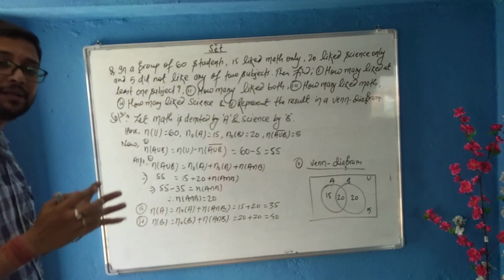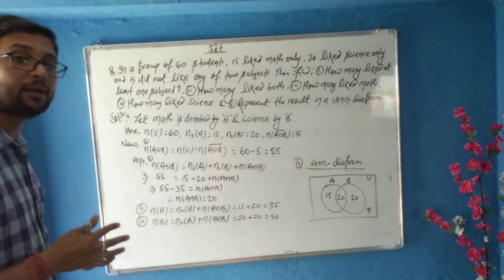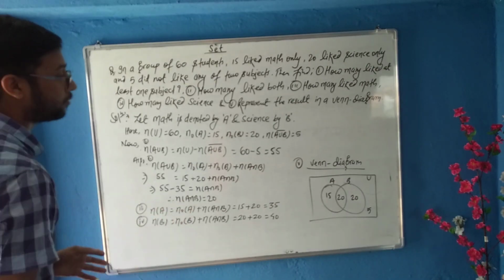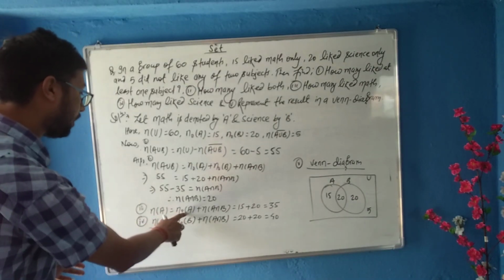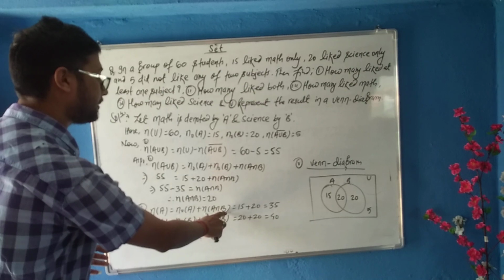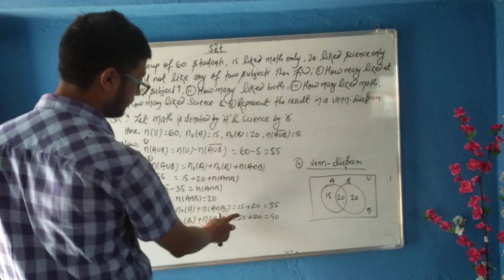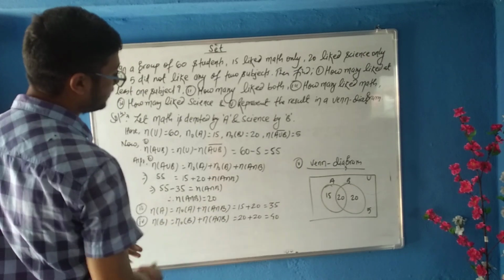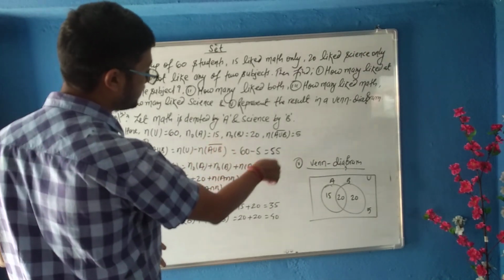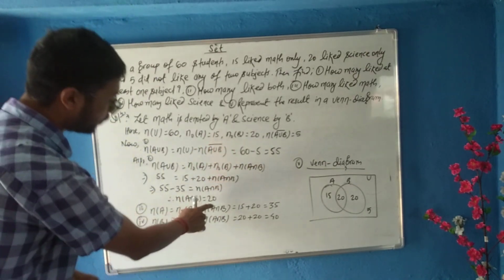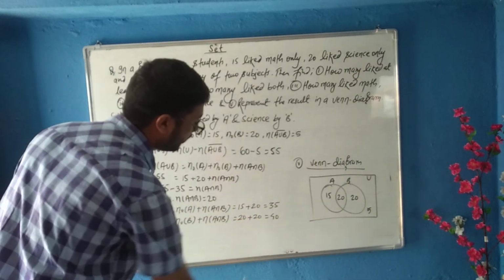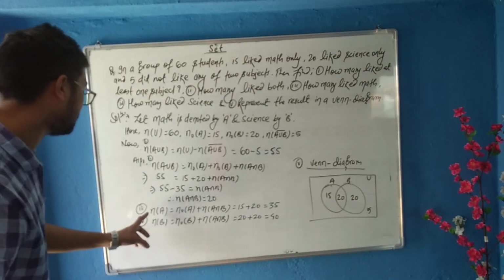When we add the intersection to the only part, we will get the whole part of the particular set. So n(A) equals only A plus n(A intersection B). Now only A given here is 15. A intersection B is also given, already calculated, I think 20. So 15 plus 20 means 35.